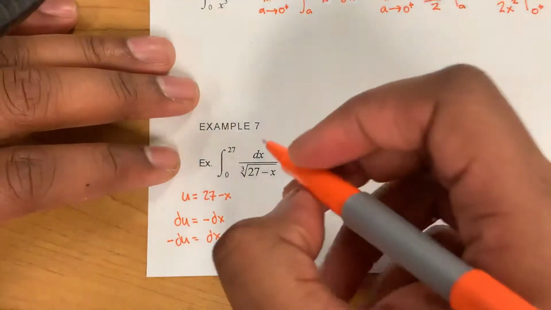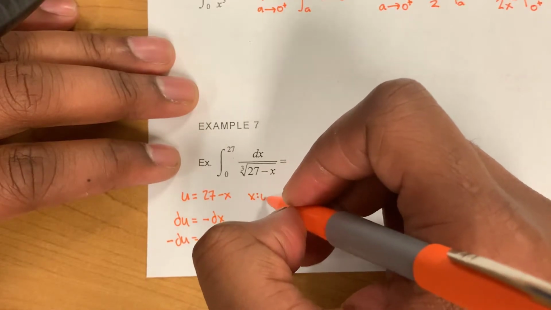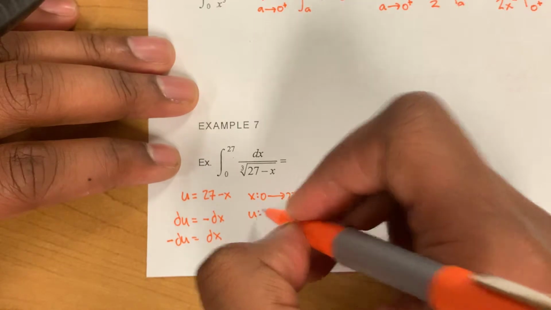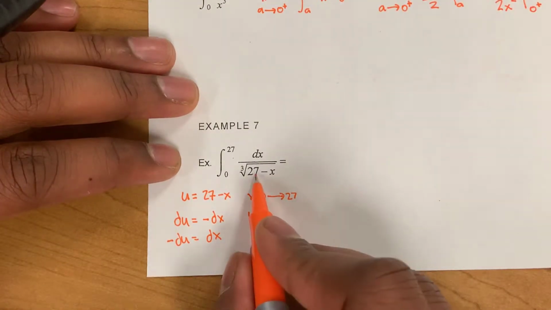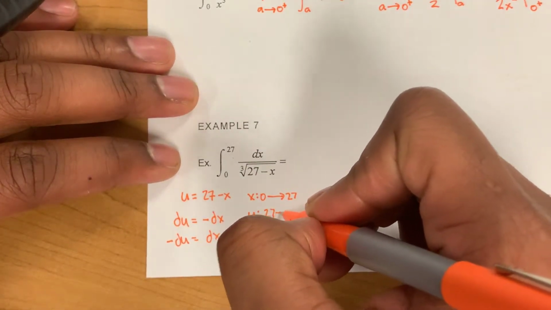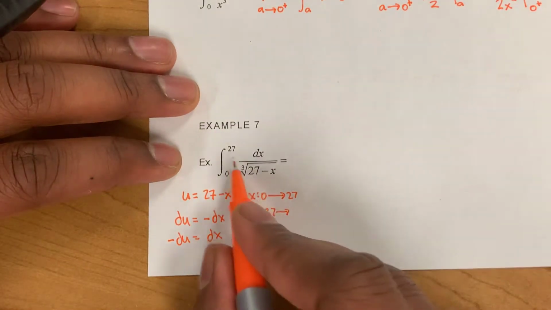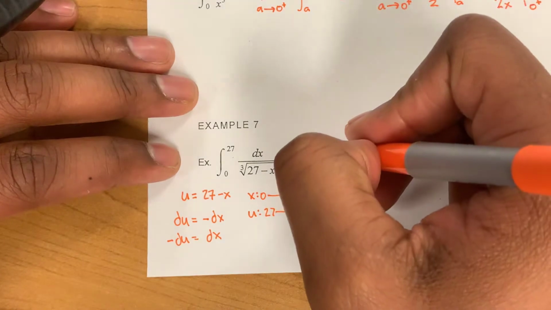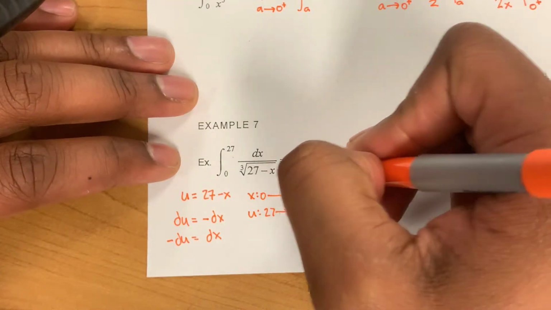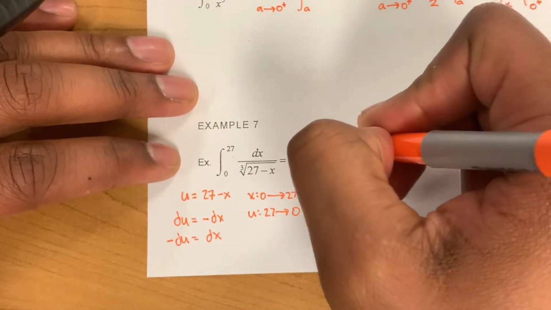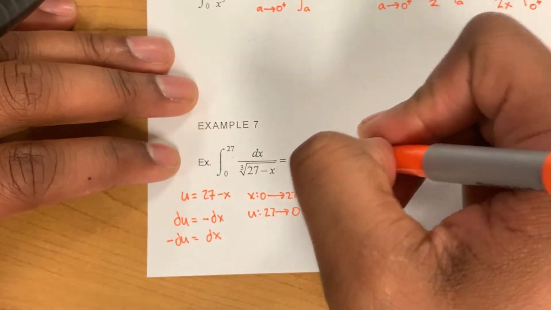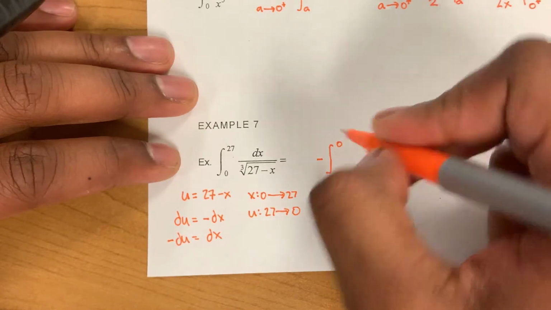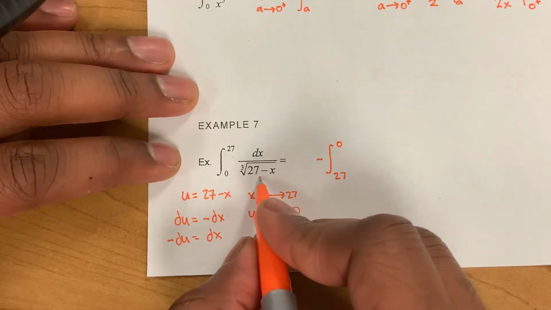The next thing is our x limits are from 0 to 27. Our u limits are going to be, if you substitute in 0, we're going to get 27. And if we substitute in 27, we're going to get 27 minus 27, which is 0. So the rewrite on this is going to be the integral from 27 to 0 of negative, all right, so this is to the 1/3 power on the bottom.